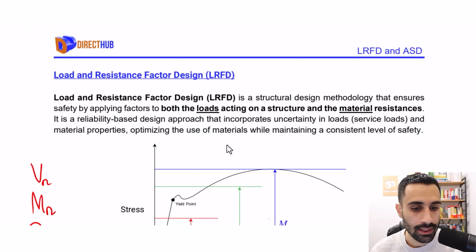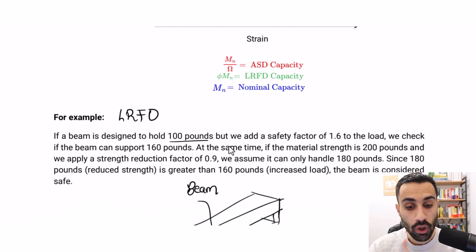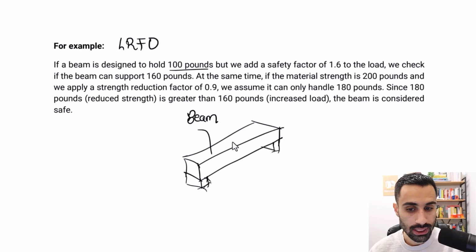What LRFD does is look at the load and overestimate it. So we're going to give it more load when we're actually designing this. So we overestimate the load to be more on the safe side, and we apply that by a factor. That's the load combination factors that we see in the FE handbook. So I'm going to apply a factor of 1.6 to this load.